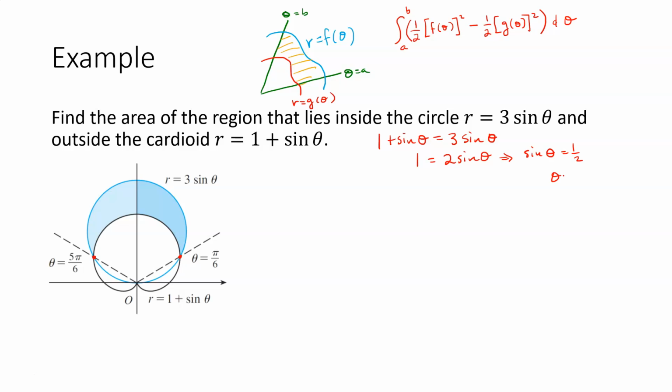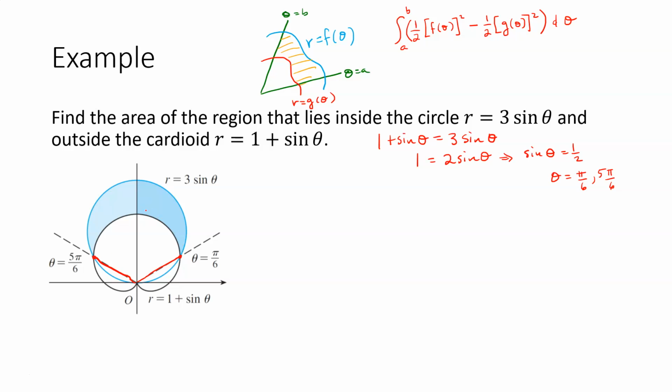So that gives me the angles where they intersect, which is sine theta equals 1/2 at pi over 6 and 5 pi over 6. So that's how we get our angles of intersection here at pi over 6 and 5 pi over 6.